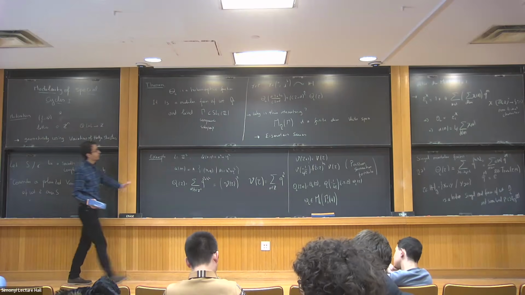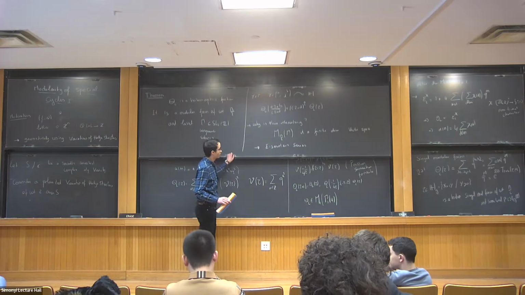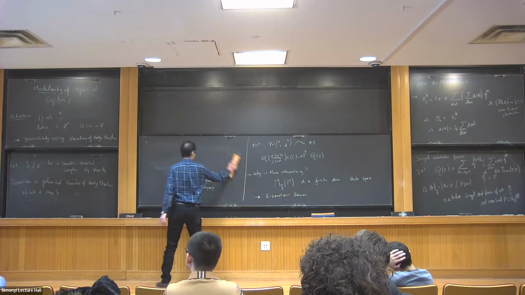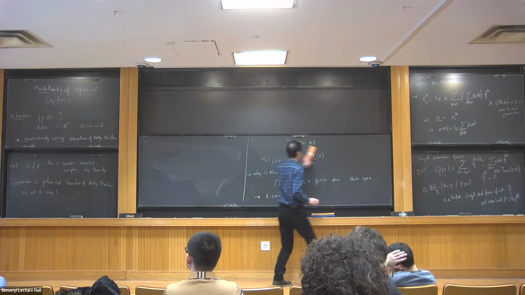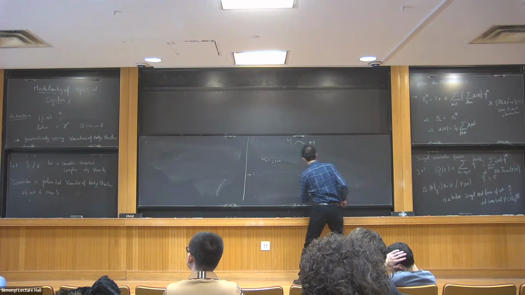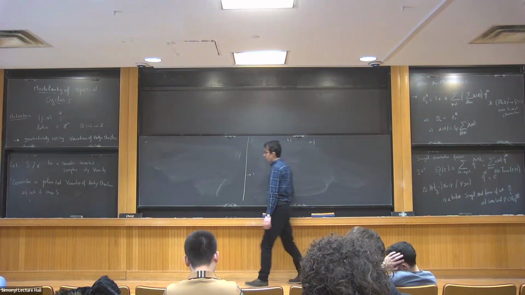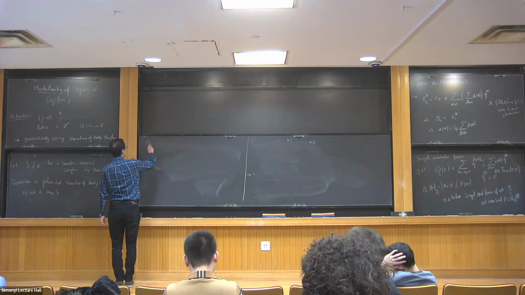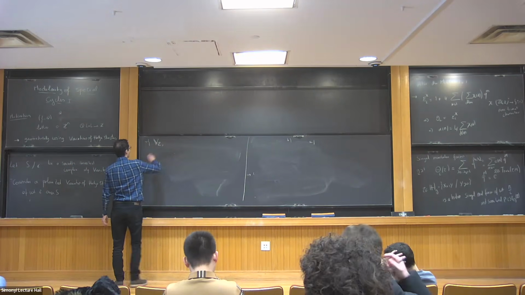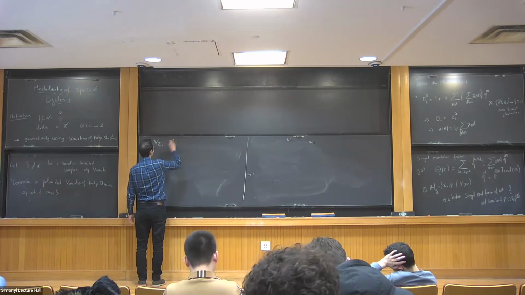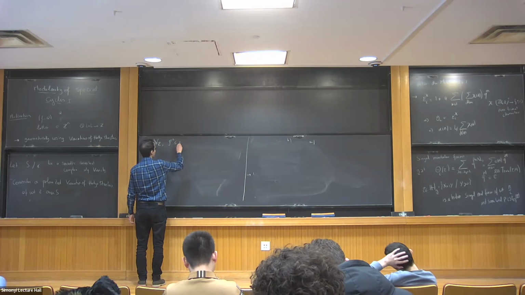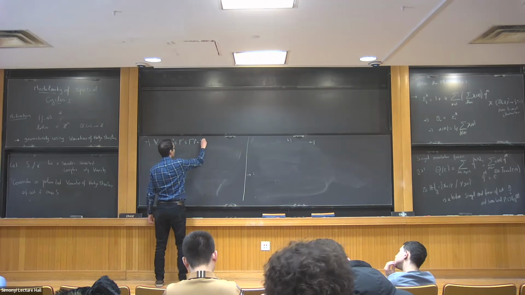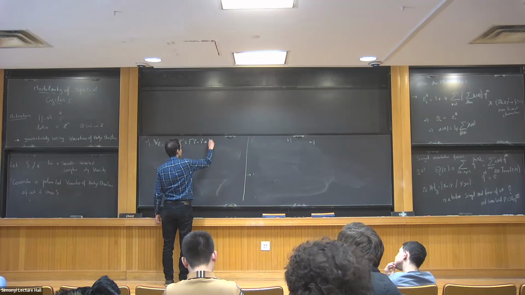Okay, so what is this data? This polarized variation of Hodge structure over S is the data of a local system, a holomorphic filtration by holomorphic subbundles on the bundle associated with this local system.